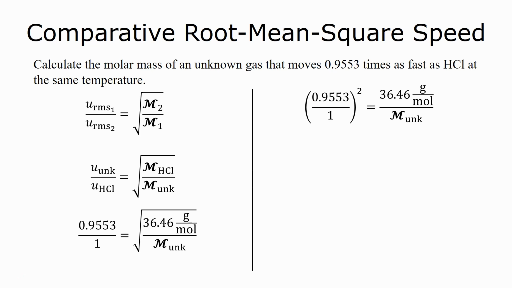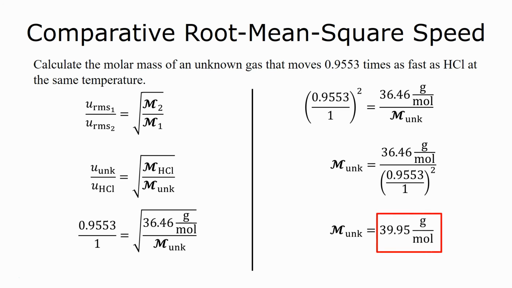Now all we have to do is solve for the molar mass of the unknown. Now to get rid of that square root, we square both sides, and then we isolate the molar mass of the unknown. And you notice here that we don't have any units to cancel out. In the end, the units that we started with are the units that we get, grams per mole.